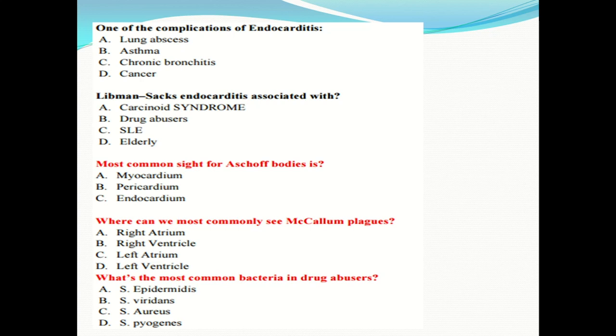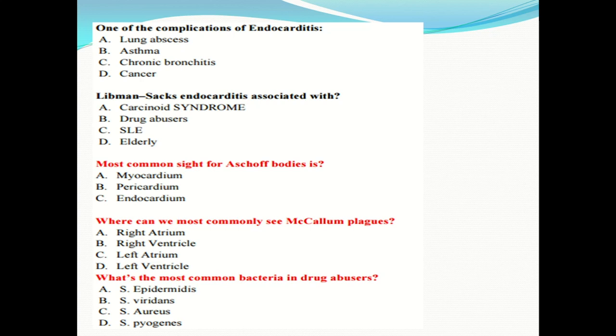One of the complications of endocarditis: lung abscess, no, because it is not a suppurative lesion; no asthma; yes, chronic bronchitis is the answer. Libman-Sacks endocarditis is associated with, very important, please remember this word, Libman-Sacks. It is always associated with systemic lupus erythematosus, meaning it is associated with SLE.